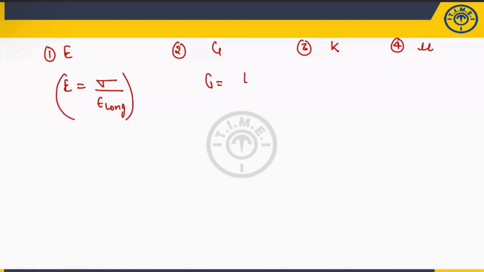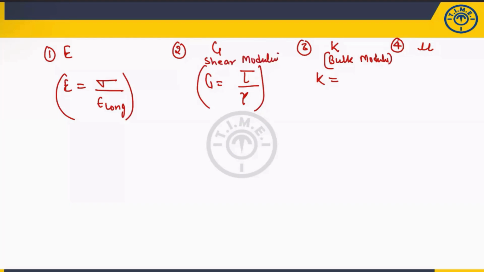G value is nothing but the shear stress divided by the shear strain. K value is called the bulk modulus. I hope you know these things. This is bulk modulus, this is shear modulus, and E is the Young's modulus. Bulk modulus is the ratio of the hydrostatic state of stress divided by the volumetric strain.